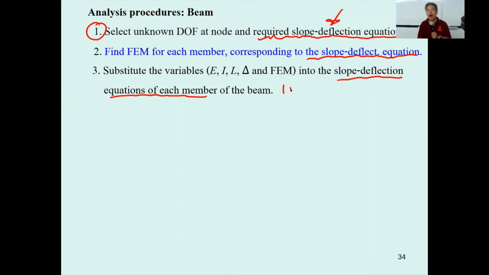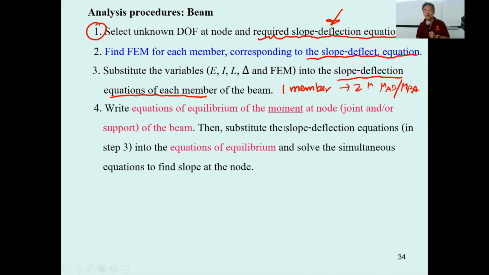One member typically has 2 moments, m sub AB and m sub BA, and then you use the equation of equilibrium to set up the equation. The moment at a joint or node that we have mentioned must be in equilibrium. So you use the one you have from step 3 and write the equation of equilibrium.